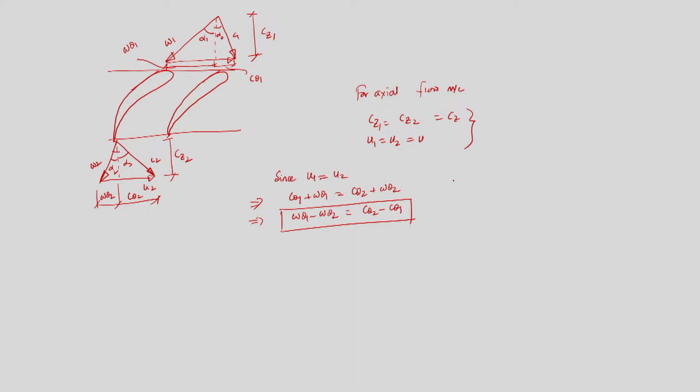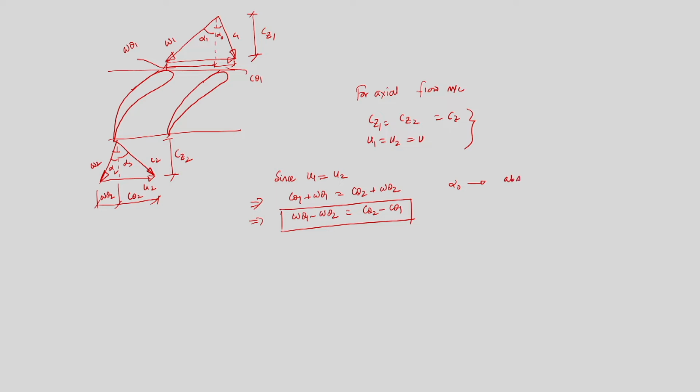Alpha naught is identified by the absolute flow angle at inlet, and alpha 1 is the relative flow angle at inlet.